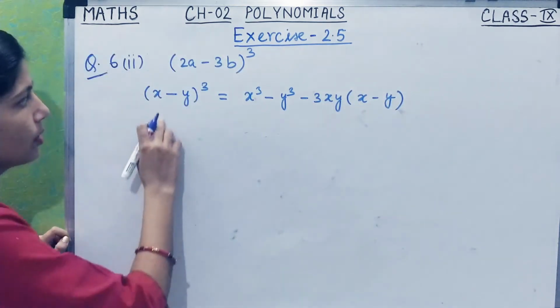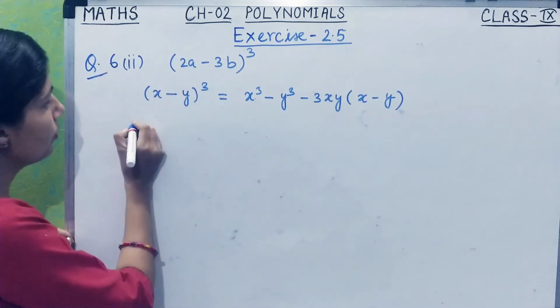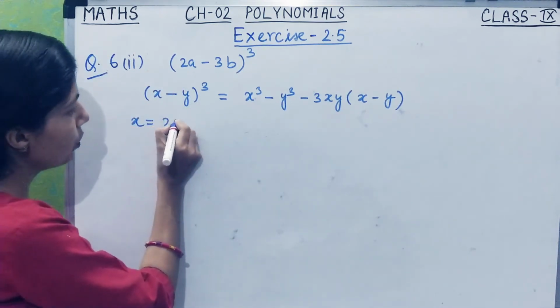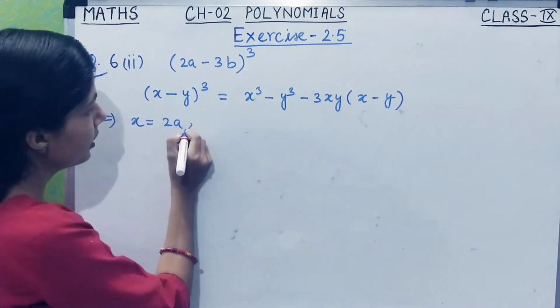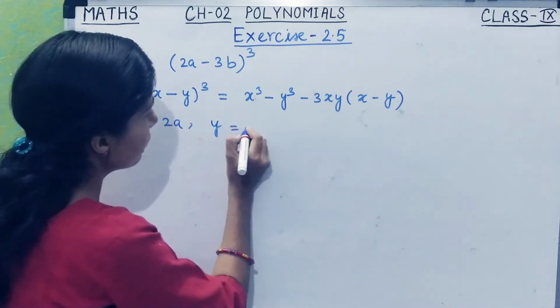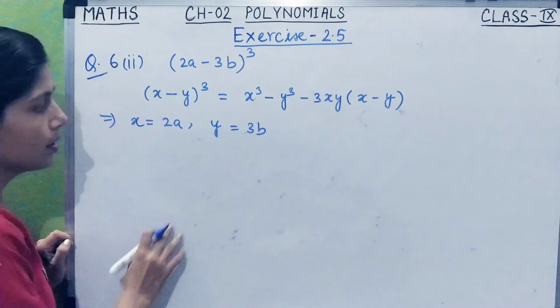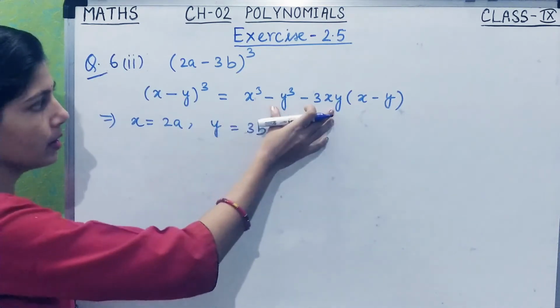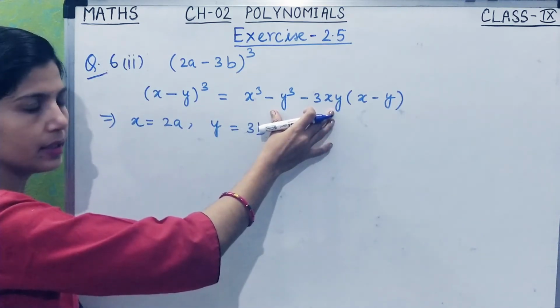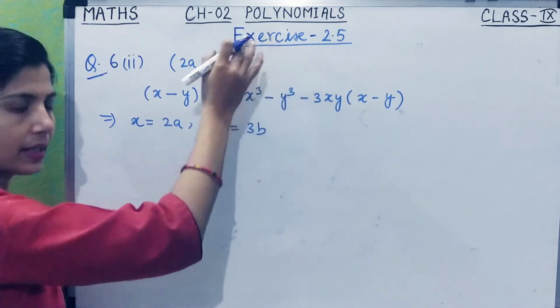On comparing these two, we get x as 2a and y as 3b. So we have to put these in the expanded form of this identity so that we can find its expanded form.